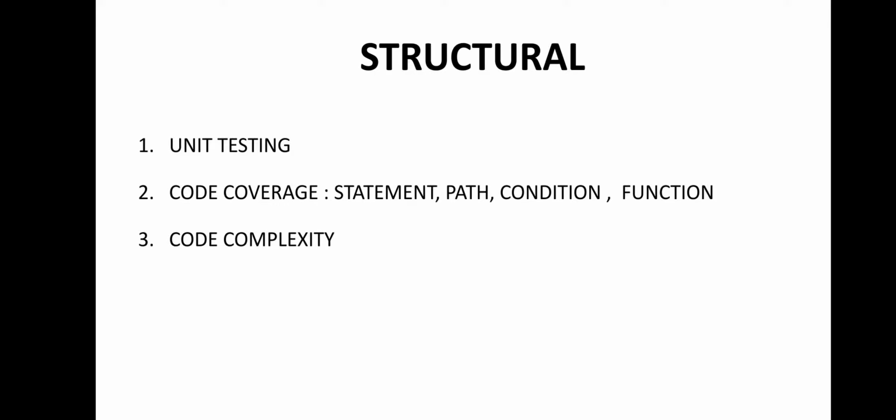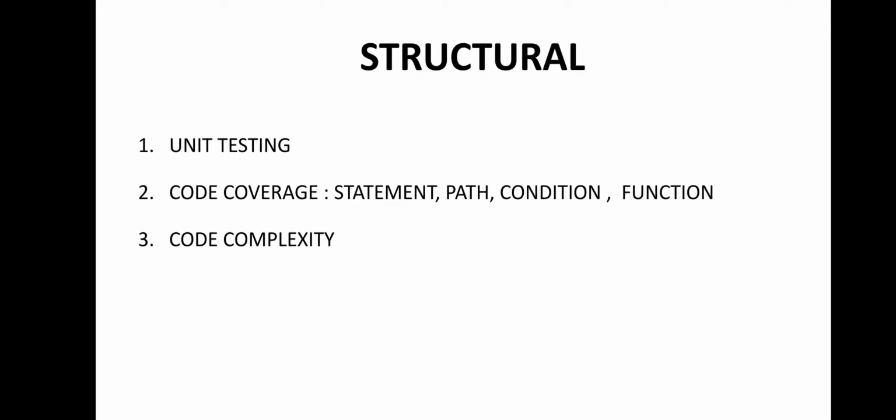Let's say we have a simple case: alpha is a condition. If it is true, then the result is 1. If it is false, then the result is 2. Please consider again: alpha is a condition; if it is true, the result is 1, and if it is not true, the result is 2. When we draw a flow graph, there will be a condition, a true flow and a false flow.